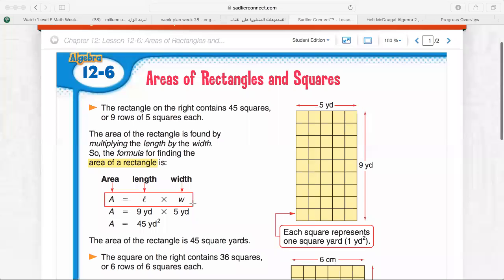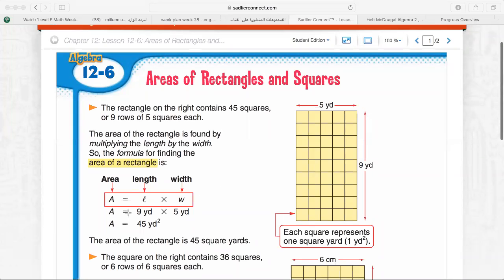Don't go through answering the problem without writing the rule. And the most important thing is that you have units. 5 YD, YD represents yard, a unit. 9 YD, yard.